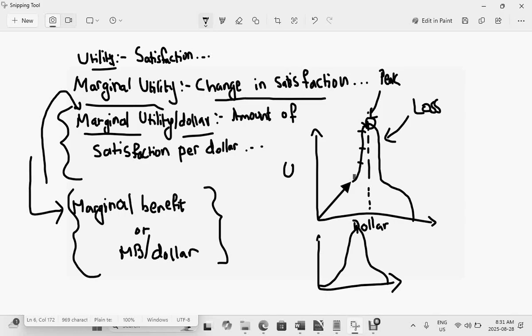The curve will look the same over here. It will be the same graph as far as I understand. However, instead of marginal utility, we're now talking about marginal benefit. So these are some of the terms and terminologies relevant to utility, satisfaction, marginal utility.